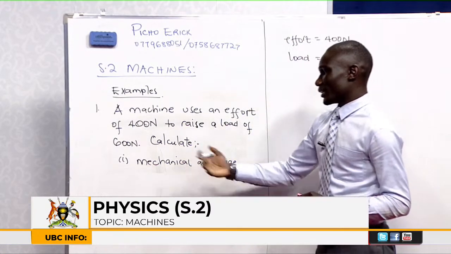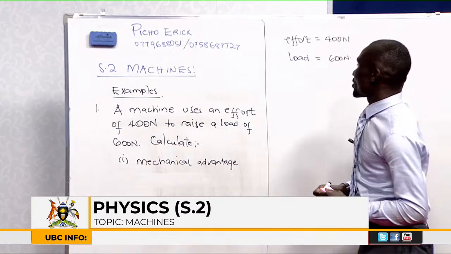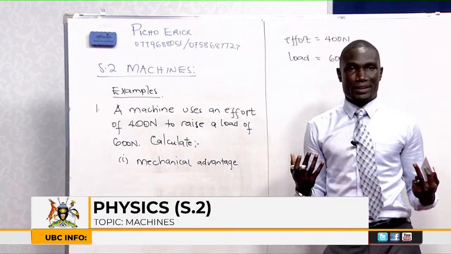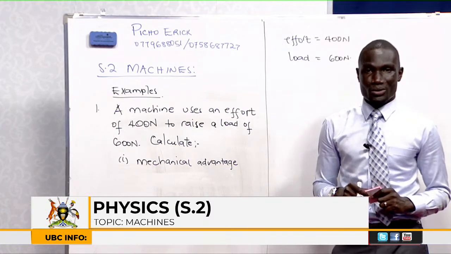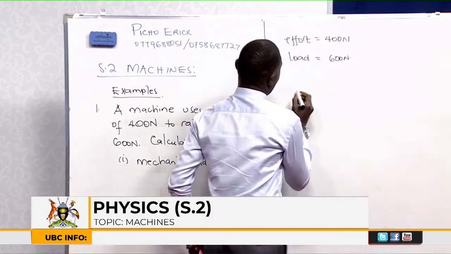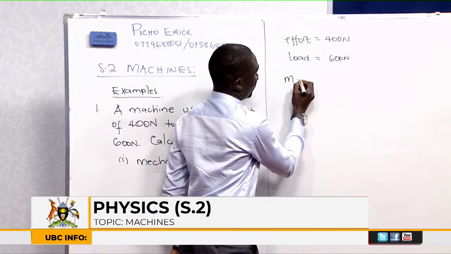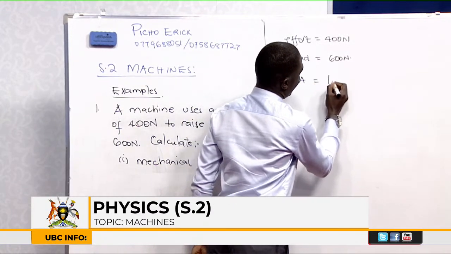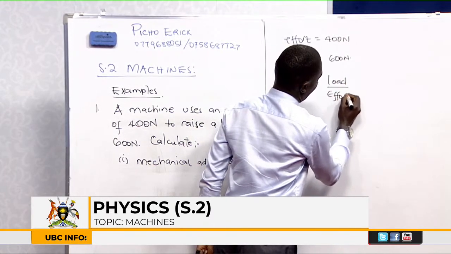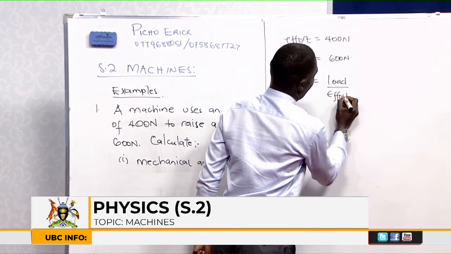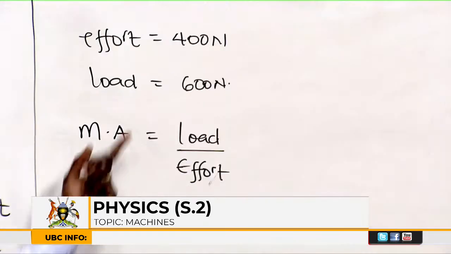Then we want to calculate the mechanical advantage. You remember the formula for calculating mechanical advantage? Yes, mechanical advantage is equal to load over effort. So we shall say our MA is load over effort.